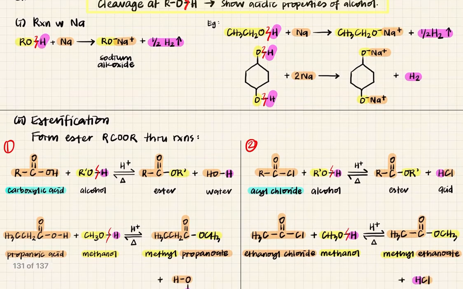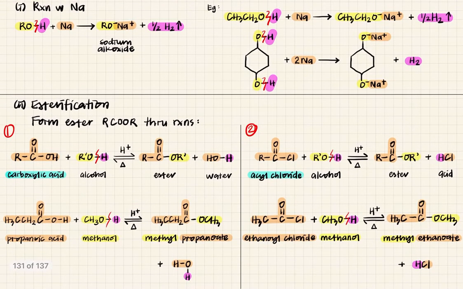Next reaction where you cleave your OH bond is esterification. So there are two ways for you to form esters. That is by reacting carboxylic acid with alcohol, or reacting acyl chloride with alcohol. The difference is this one is carboxylic acid, this one is acyl chloride.